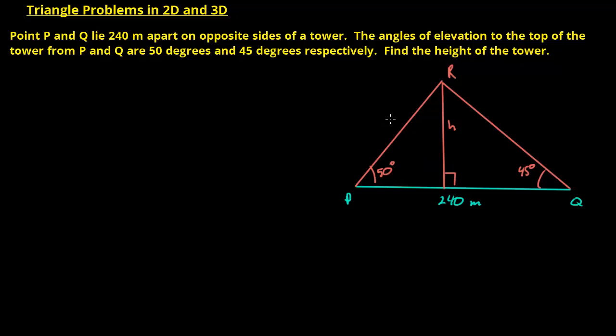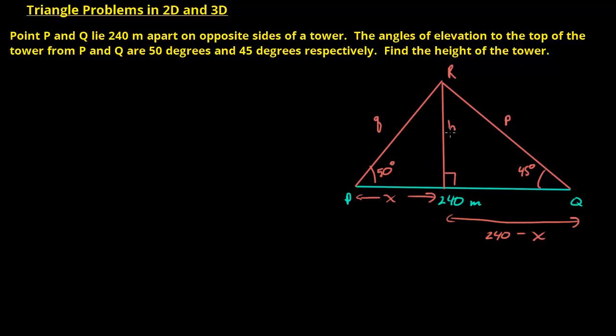Notice that if I know either side Q or side P, I'm able to get the height of the tower, because P times the sine of 45 is this height here. So one way to do this is to set up two equations. I could call this distance x, and then I could call this distance 240 minus x.